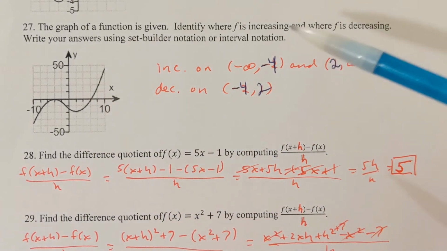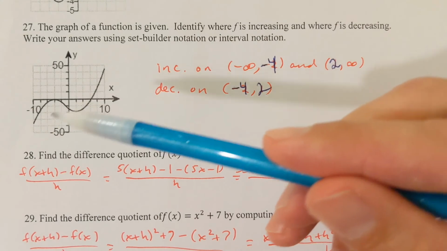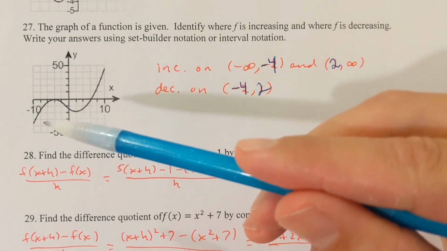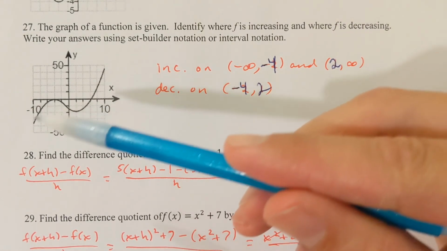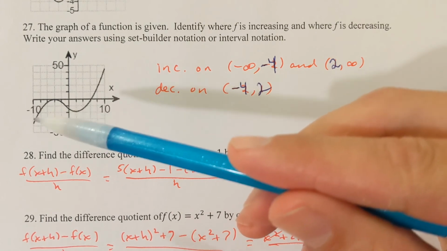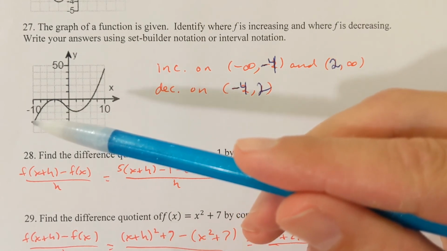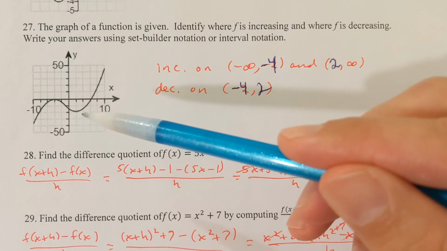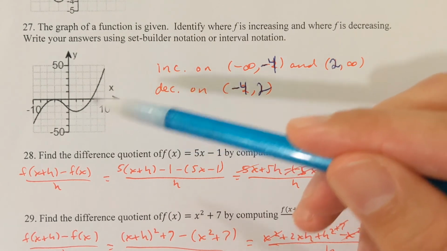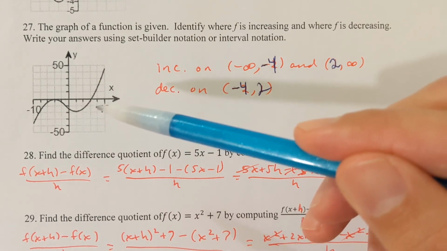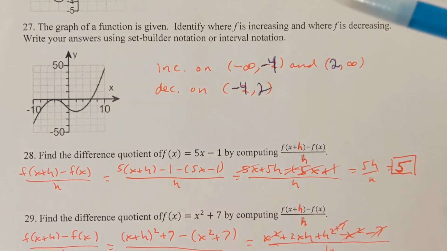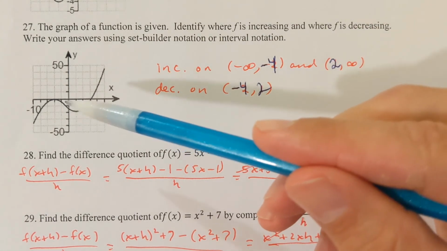Okay, so negative 4. Negative infinity to negative 4 looks like where I'm increasing, because the slope of the tangent line is positive. And then from 2 to infinity, the slope of the tangent line is also positive. Okay, and again, it's all about x.